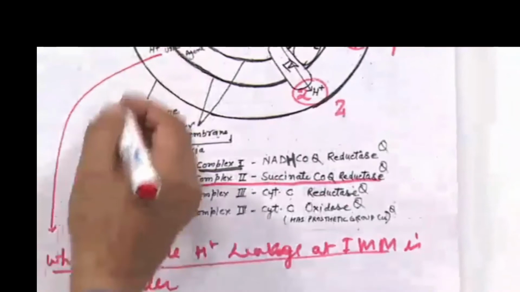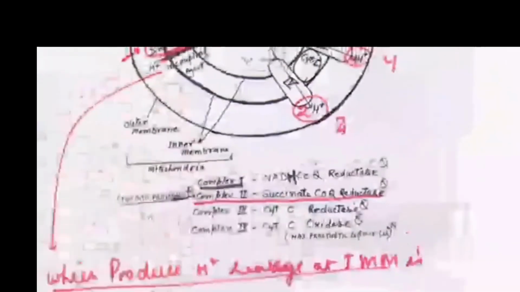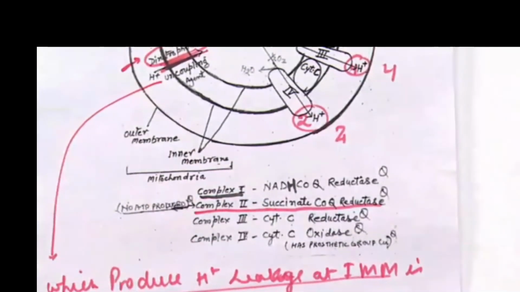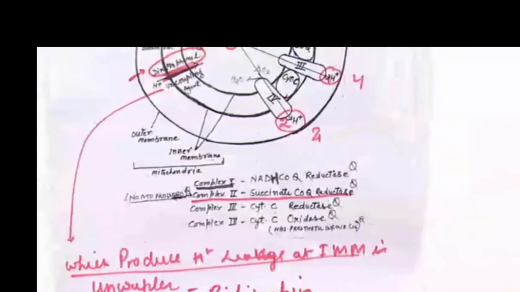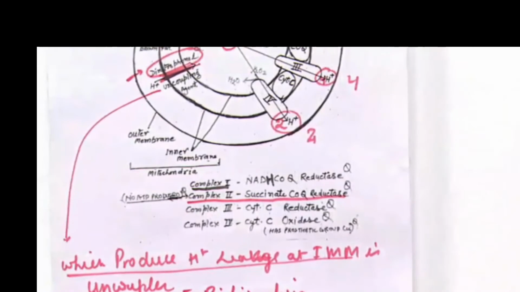Example of uncoupler: dinitrophenol, bilirubin, thermogenin. Recently asked question.